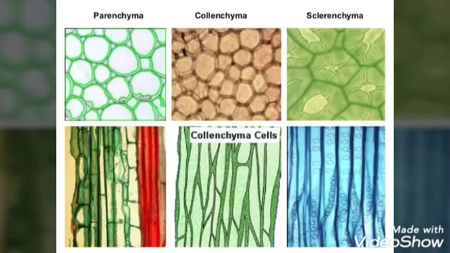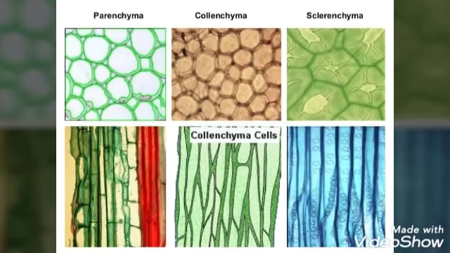And now, discussion about the permanent tissue. Old meristematic cells lose the capacity to divide and transform into permanent tissues. This process of taking up a permanent shape, size, and function is called differentiation.